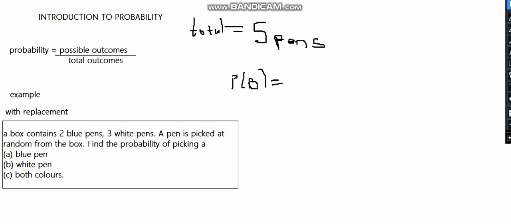How many are there? There are 2. It will be 2 over total outcome 5. You are done. For B, the probability of picking a white pen will equal possible outcomes for white, which is 3, over 5. Now make sure if these can be reduced, you reduce them to the lowest fraction.